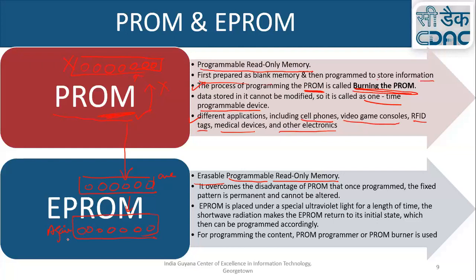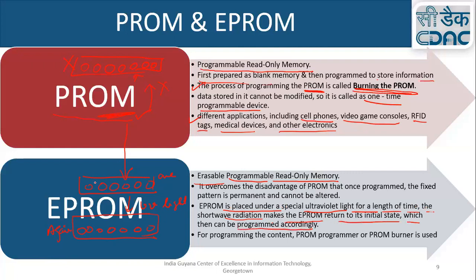That is the solution that comes in the EPROM. But how can you erase it? It uses special UV light. Here the EPROM is placed under a special ultraviolet light for a length of time. The short wave radiation makes the EPROM return to its initial state, which can then be programmed accordingly.